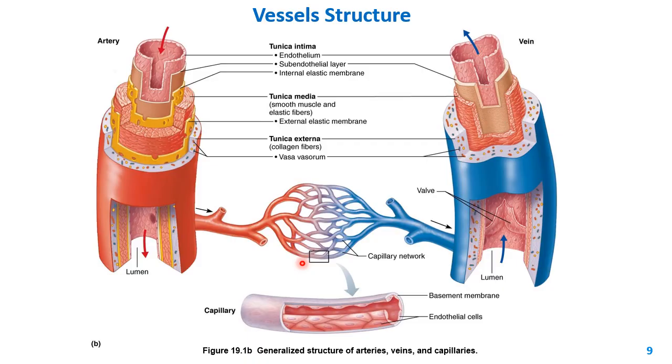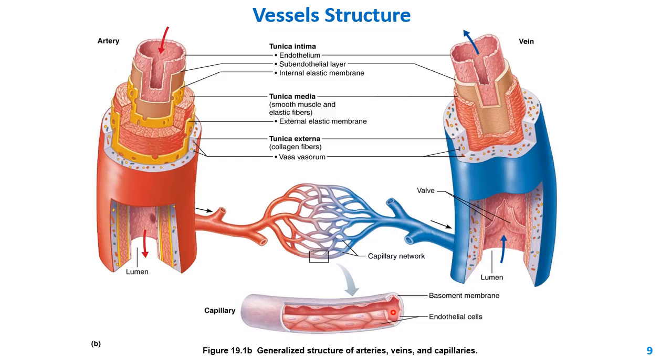Okay. So now, when you look at the very, very tiny vessels, the capillaries, those are different. They have different structures than the rest of the vessels. Okay. So you see here, you basically have only the tunica intima, and you don't even have those elastic fibers or anything else.